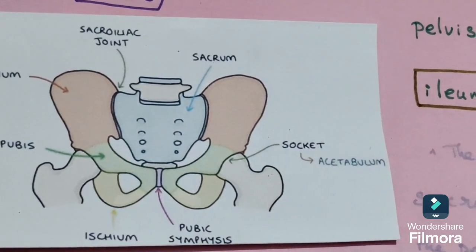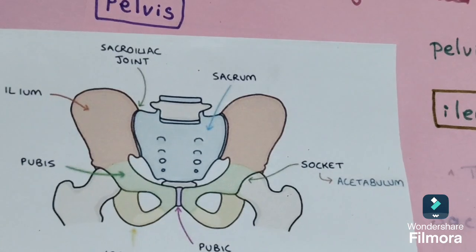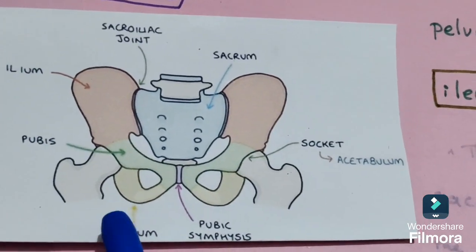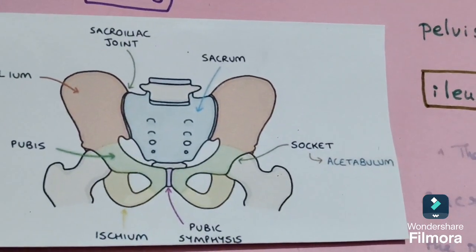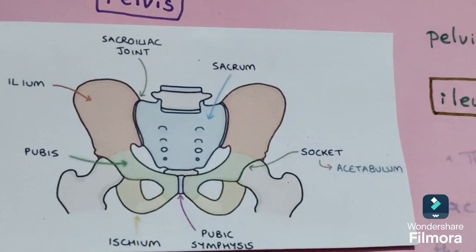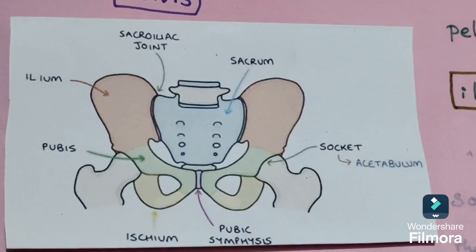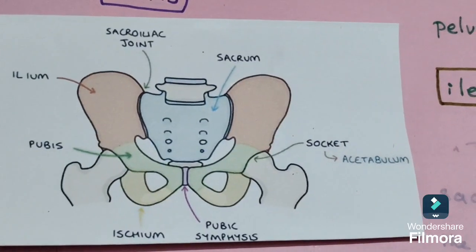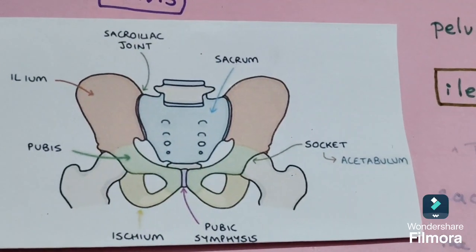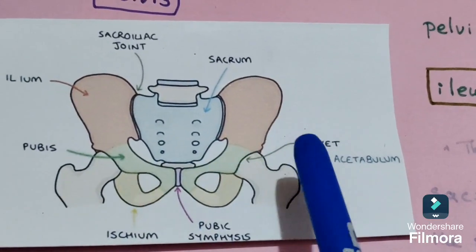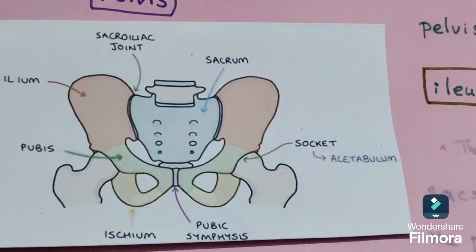Inferiorly there is the ischium. The socket of the hip joint is called the acetabulum.